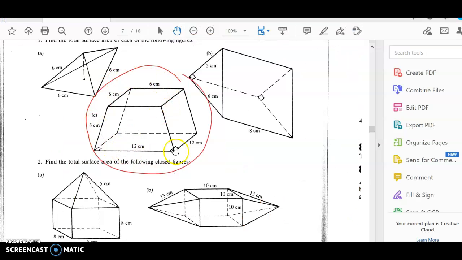The next question I'll look briefly at is this trapezoidal prism. So it's got a trapezium as its base. And the trick here was the 5 centimeters. Remember, the area of a trapezium is a plus b times the height, which is that length there. So we don't use the 5, or certainly not for the trapezium. So you can see we have a rectangle, which is 5 times 12.